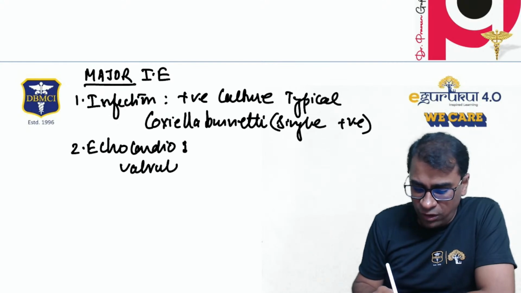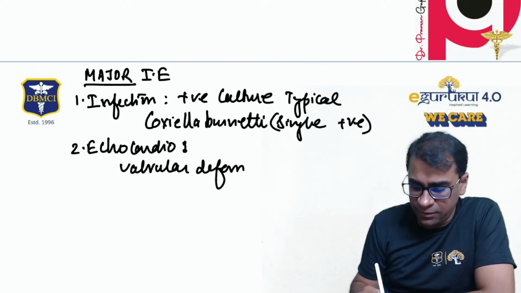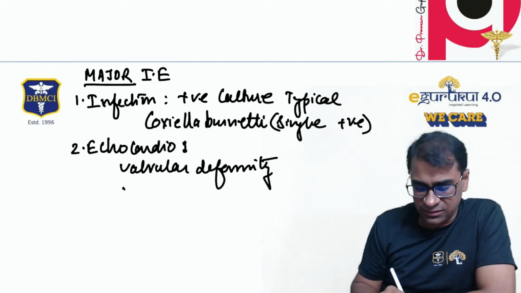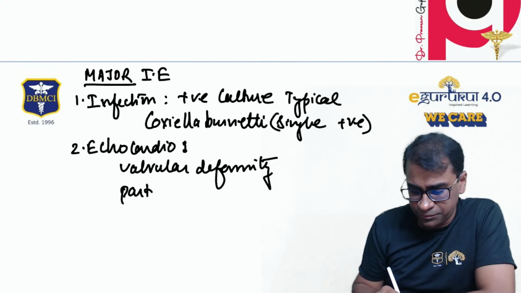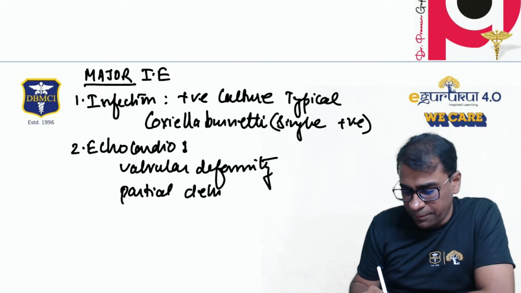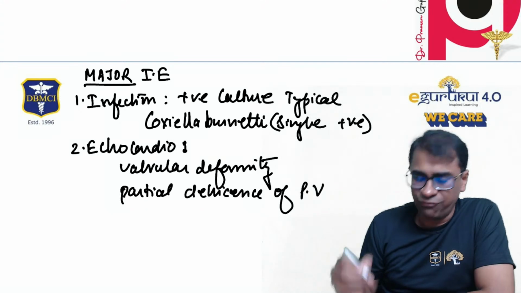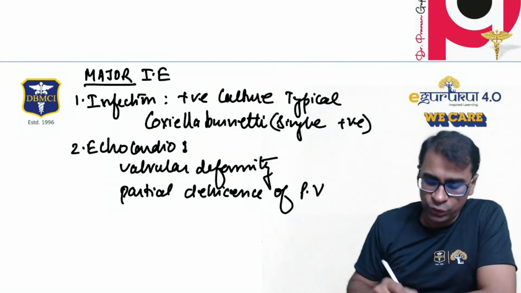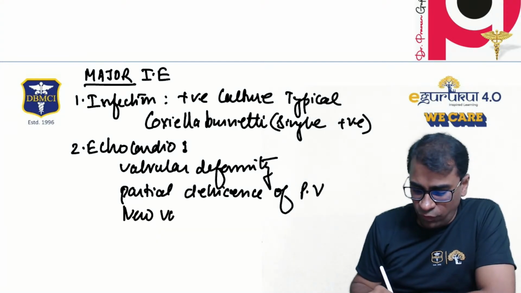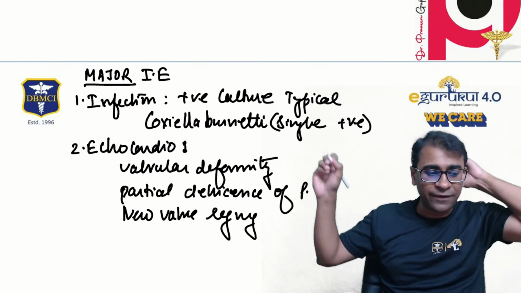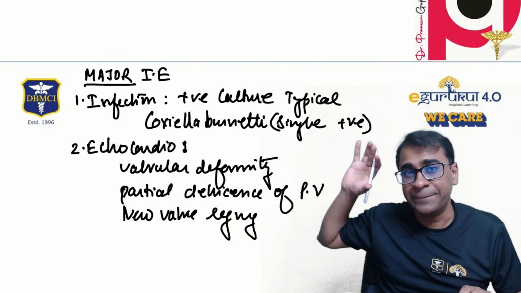It can be valvular deformity. Okay, it can be any type of partial dehiscence of the prosthetic valve, or it can be a new valve regurgitation. So these are the two types of the major criteria.